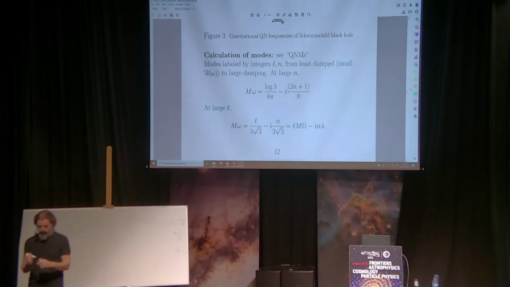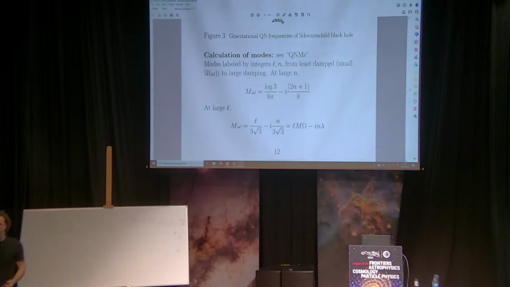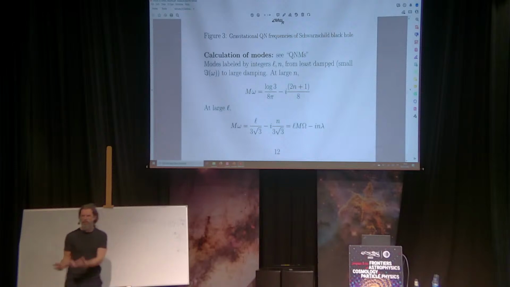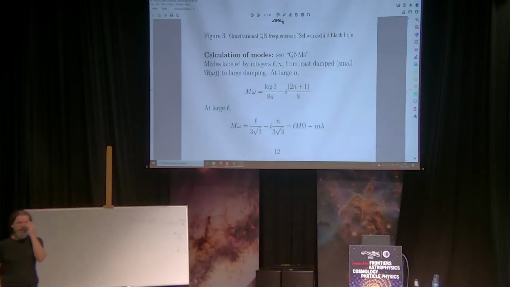And if you remember how we rewrote mass in terms of seconds, then we are looking at frequencies that lie where? Where exactly? What does this correspond to in terms of the period of the wave? Anybody remembers?